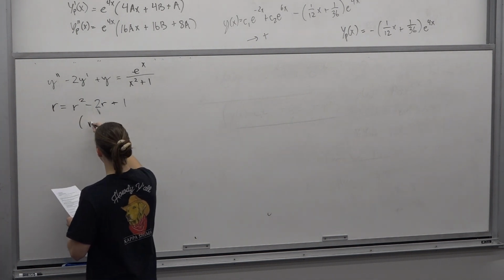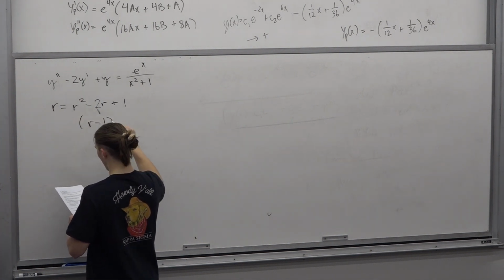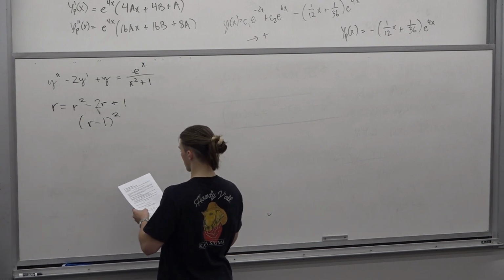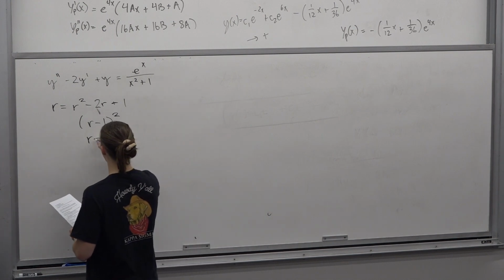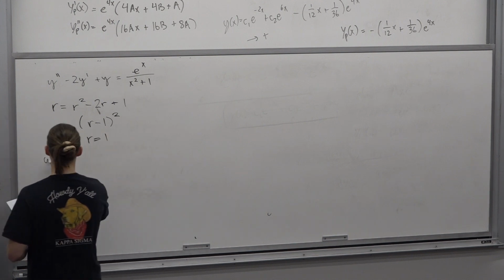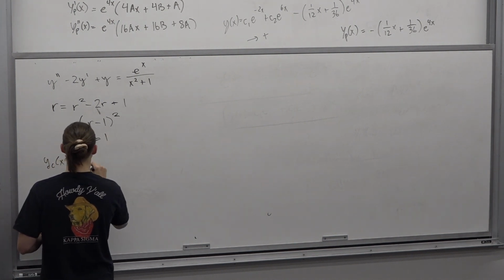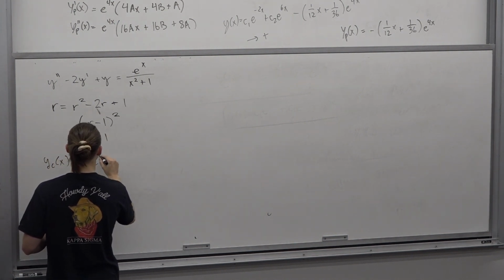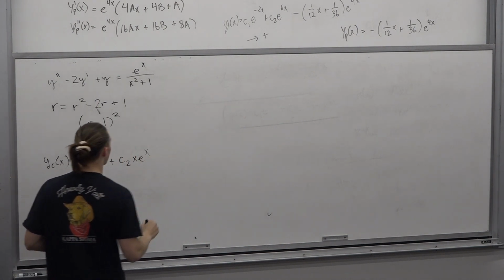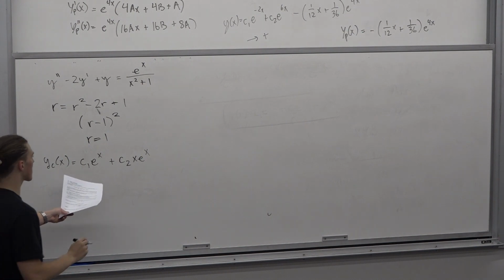It gives us r minus 1 squared. So we know that r equals 1. So our complementary solution in this case is c1 e to the x plus c2 x e to the x.